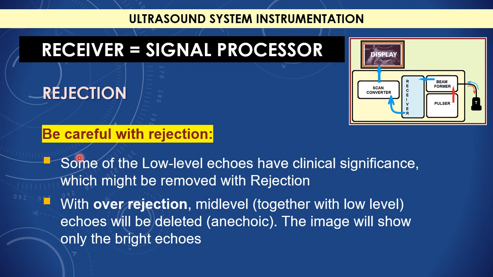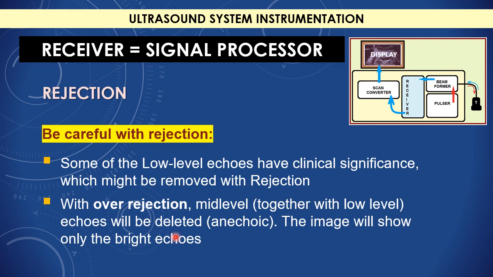Don't apply too much rejection. If you do over-rejection, what happens? You will remove the mid-level echoes, the mid-echogenic ones. Besides removing the low level, you will also remove the mid-level. What happens now? These two echogenicities, the low level and the mid-level, will be converted to anechoic. So I will not be able to see the tissues.